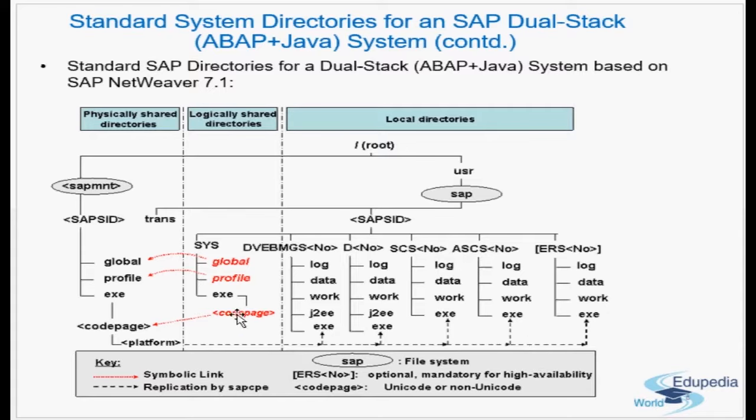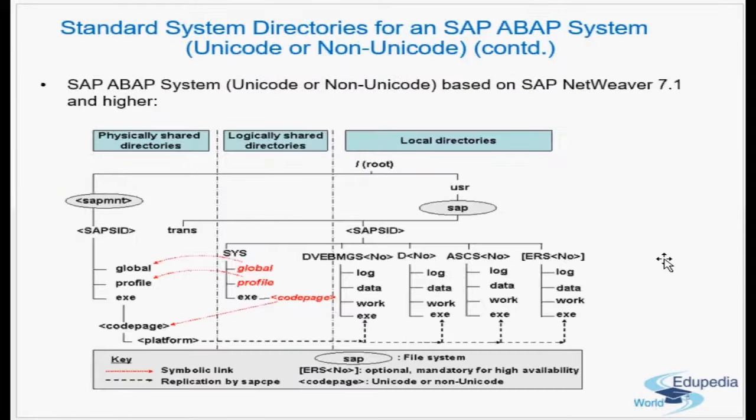Here exe has only code page. That's the only difference. But here, because it's a dual stack, you have an additional subdirectory for the Java central services, and each of the application servers has log, data, work and exe, and J2EE also.